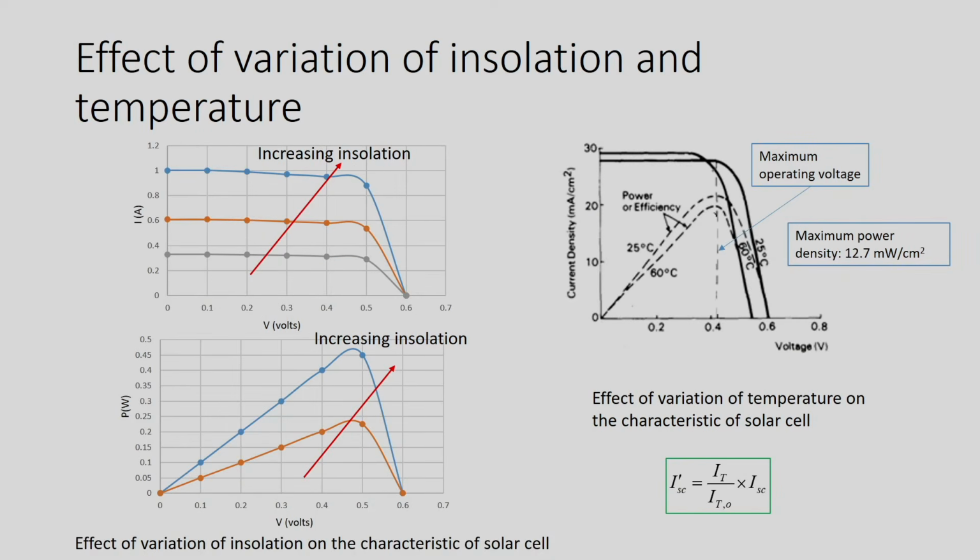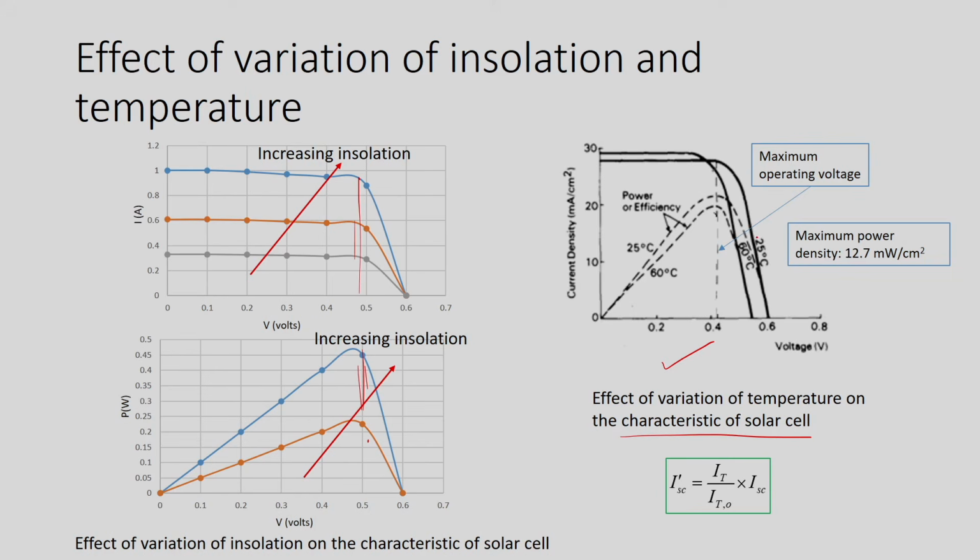Now, here it shows the variation with insolation: as insolation increases, how this characteristic curve changes. Also, the power versus voltage curve changes. We can see the shift of the maximum power point if we trace it from here. And this plot shows the effect of variation of temperature on the characteristic of the solar cell.